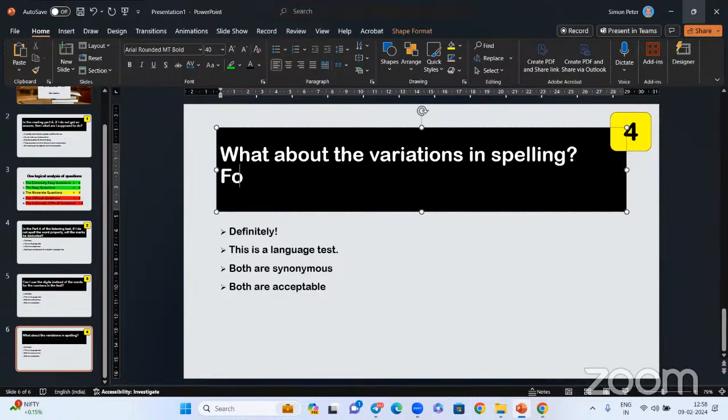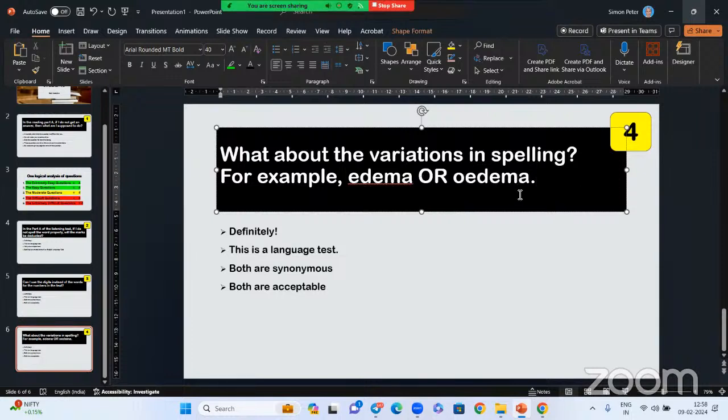For example, tell me what the words are. Edema, oedema, anemia, anaemia, any one of these. Edema is EDEMA or OEDEMA. Is that clear? Now let me clarify once again. This is a language test. Definitely you can use both.